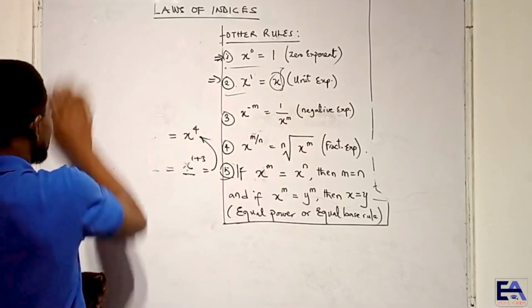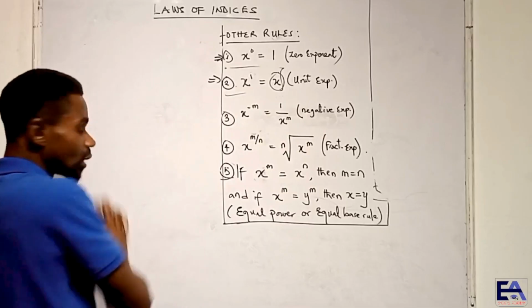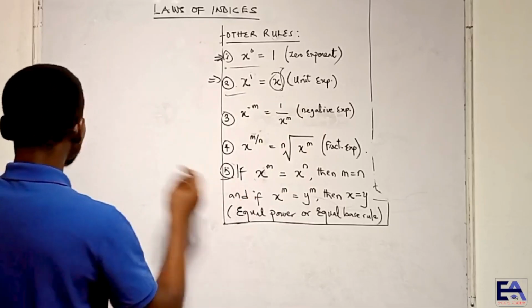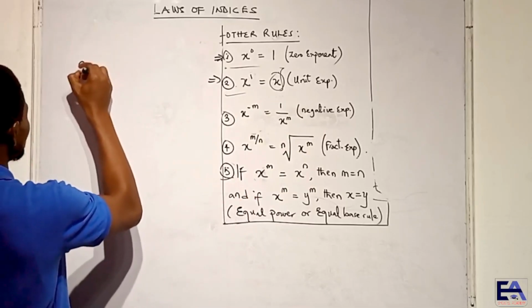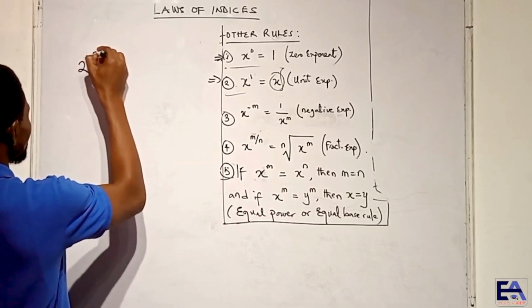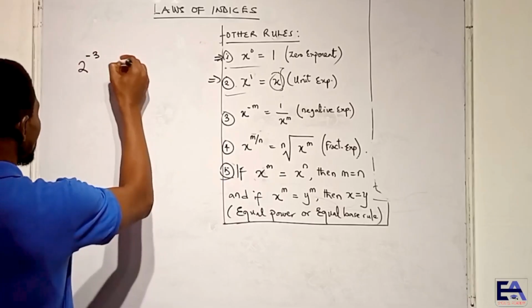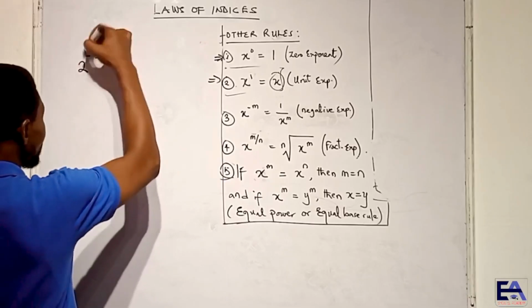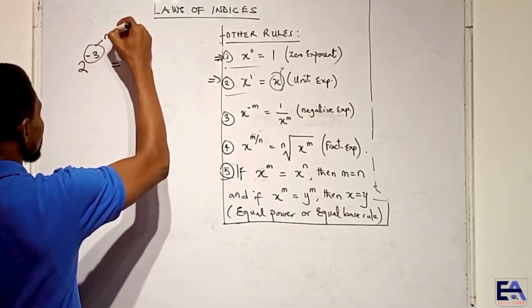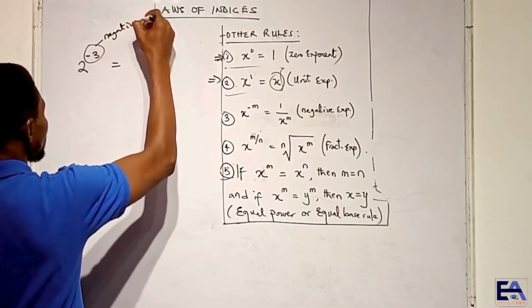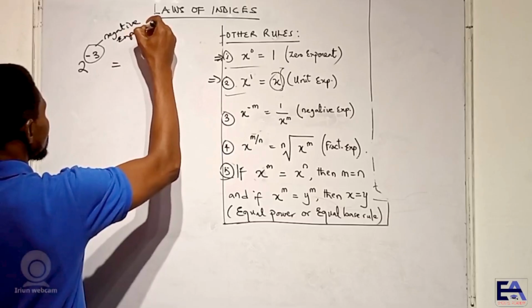Okay, so let me just quickly show you that. If you have something like 2 raised to power minus 3, for instance, they call this one negative exponents.